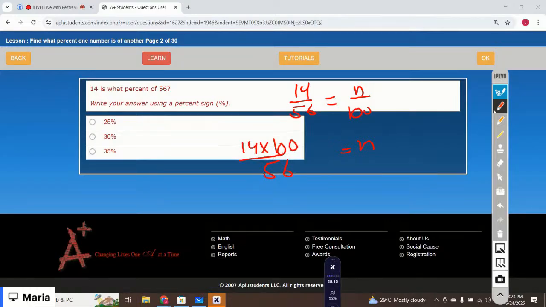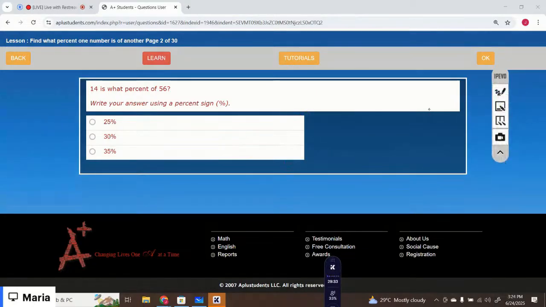Let's just do the calculation. That is 14 times 100 divided by 56. That is 25%. So that means 14 is 25% of 56.